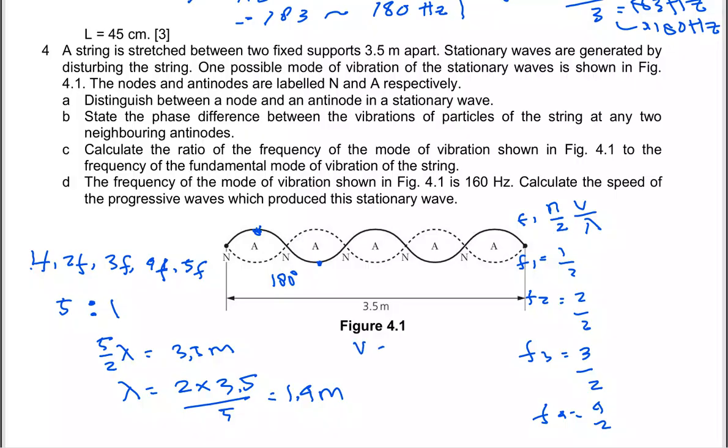So v equals lambda times frequency, where lambda is 1.4 times the frequency 160, and it equals 224 meters per second. We round it to 220 meters per second.